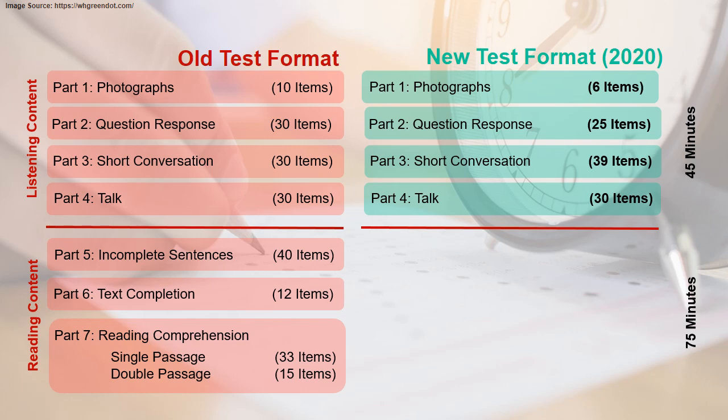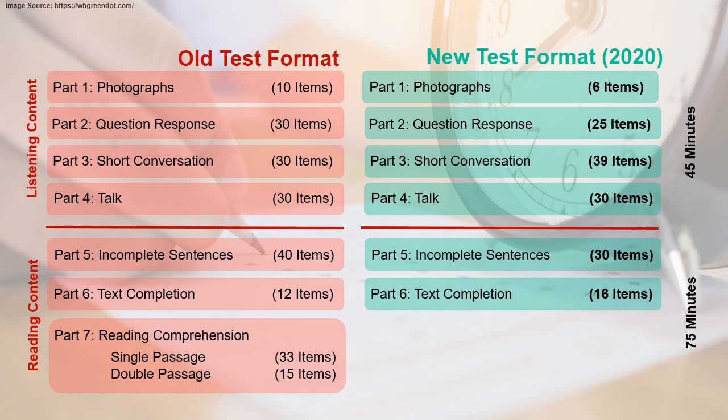So let's move to the reading section. In incomplete sentences, especially to do with grammar, they have reduced the number of items from 40 to 30. For text completion, they have increased it from 12 to 16. Here you have to be very careful because you have to look into the transition words. And in part 7, there's a major change.